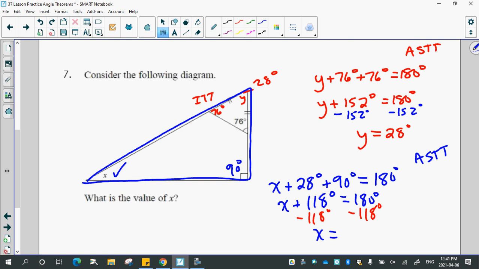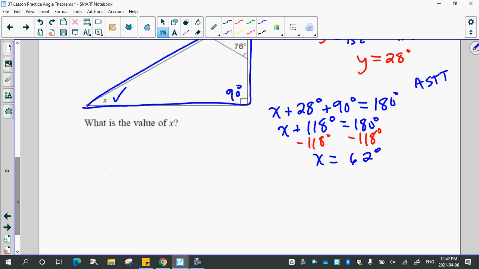So you end up getting 52 degrees for X. Okay, so we used a lot of theorems there, isosceles and ASTT twice, in order to get X, but we got it.